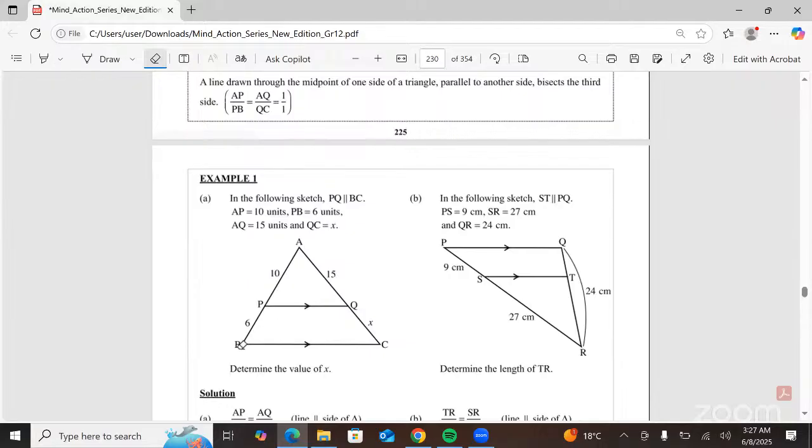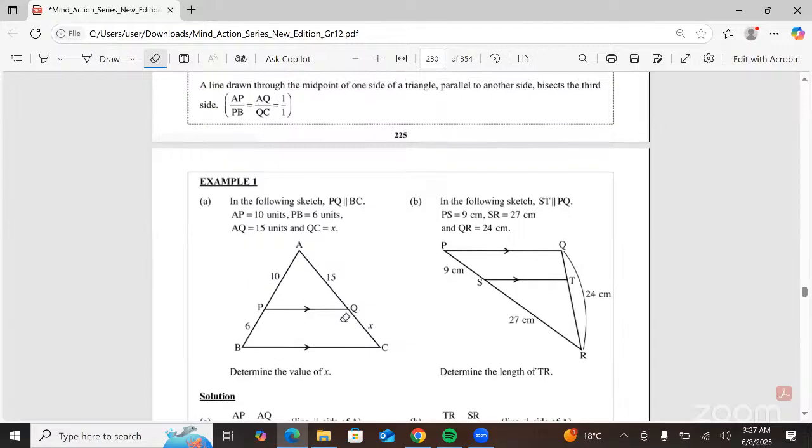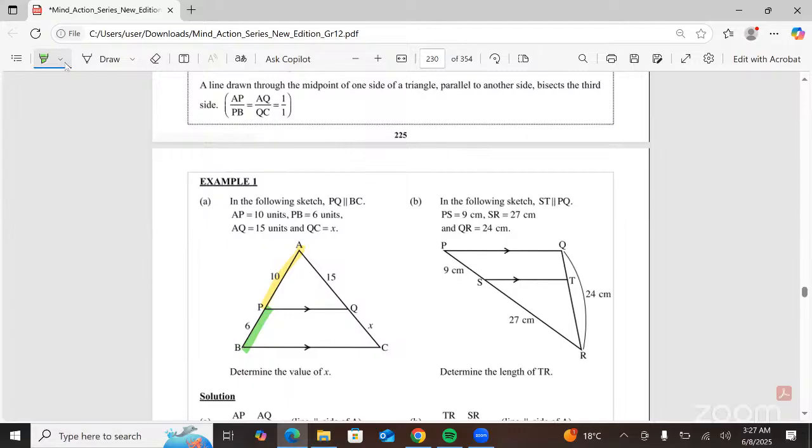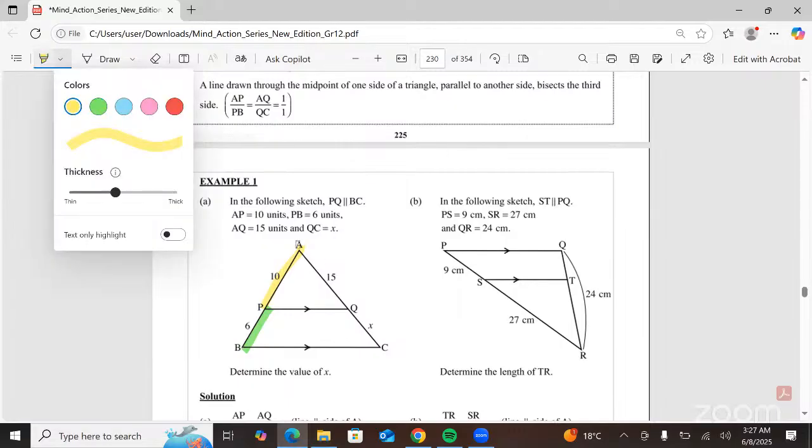PQ here is parallel to BC, and then we are given AP as 10, PB as 6, AQ as 15 and QC as X. So what you are going to do in this part is take the side AP over PB, that will be equal to AQ over QC.